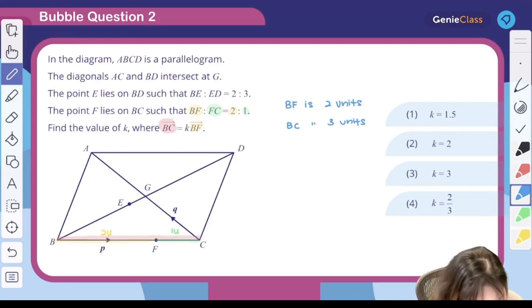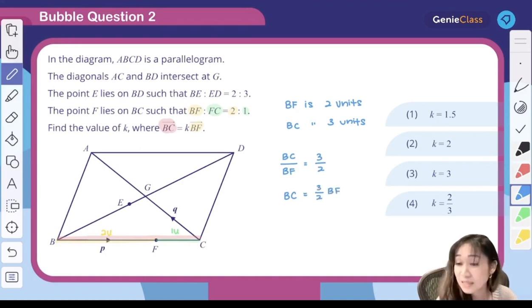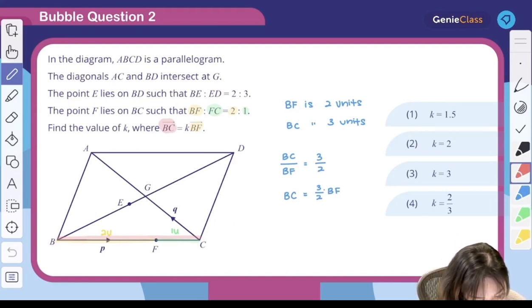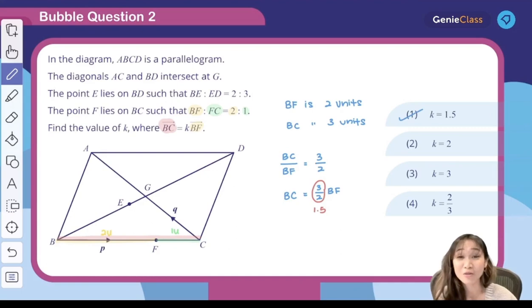So if we want BC over BF, this will be 3/2. So BC equals 3/2 of BF. Does everyone see how we get the value of K? So K is equal to 3/2, which is also equal to 1.5. So that is how we arrive at option 1.